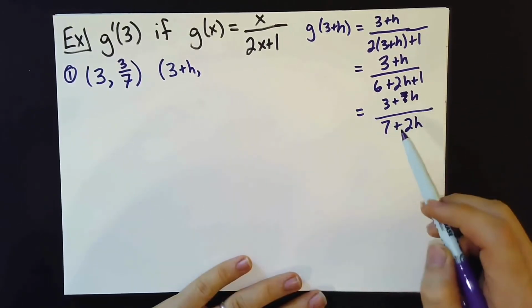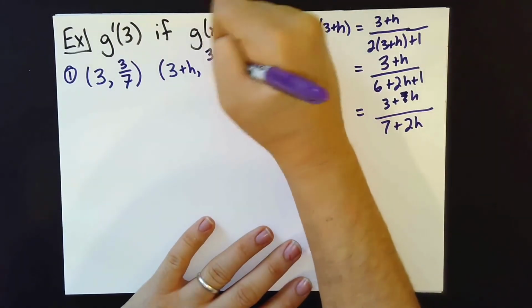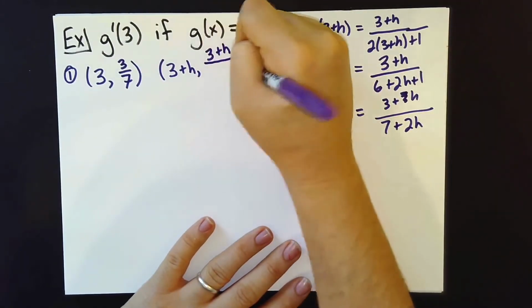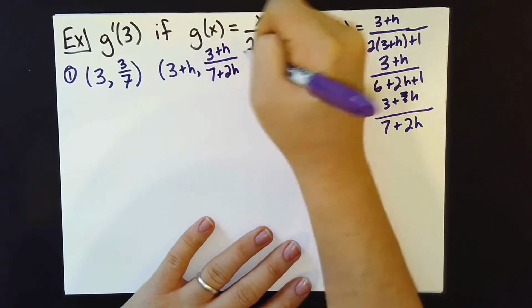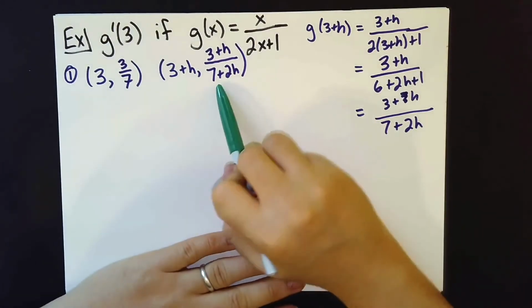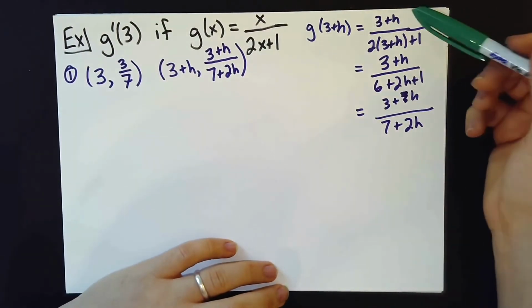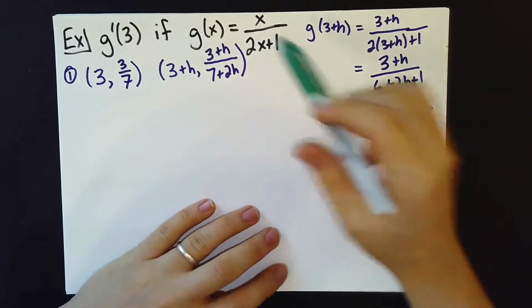And so that is our y-coordinate for this point. So that's our first step. We've written down our 2 points. Okay, again, at every step you want to do as much simplification as you can. This is as much simplification as we can, though, for this.